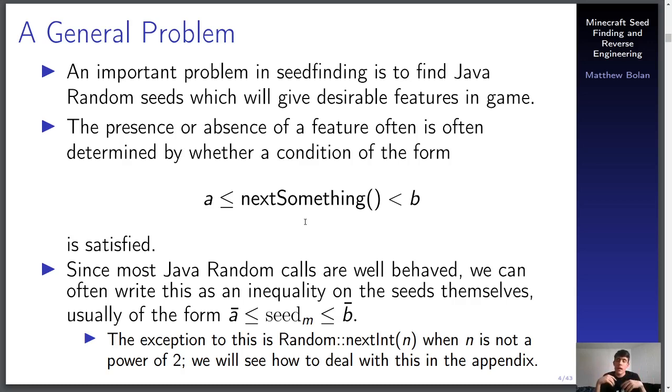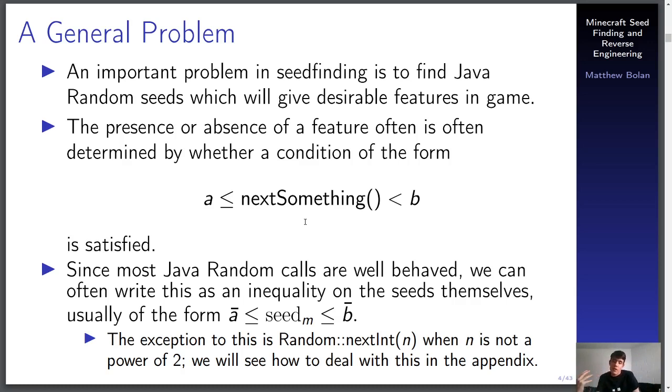And so if we have a test like that, between a is less than or equal to next something here, which just means some method of Java Random's output, is less than b. If that's satisfied, presumably what we want will happen.